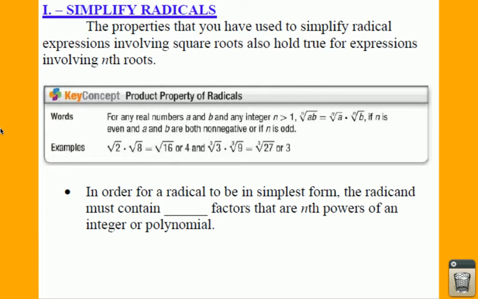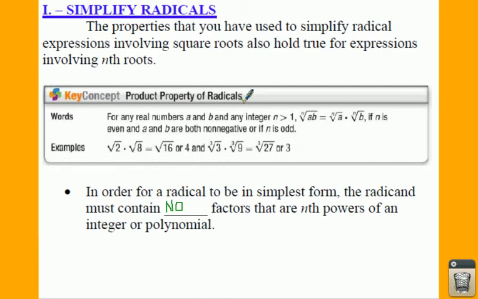So that means if you have a square, in order to simplify it, you have to get a perfect square out.